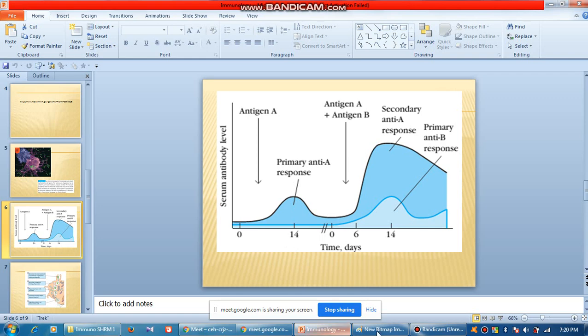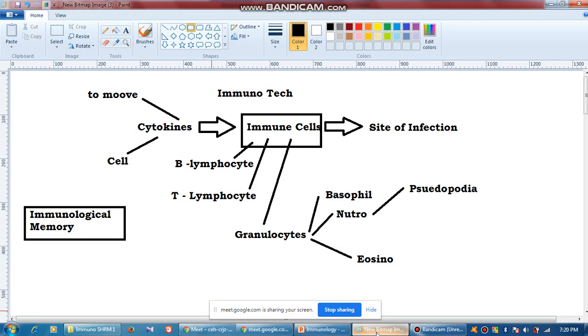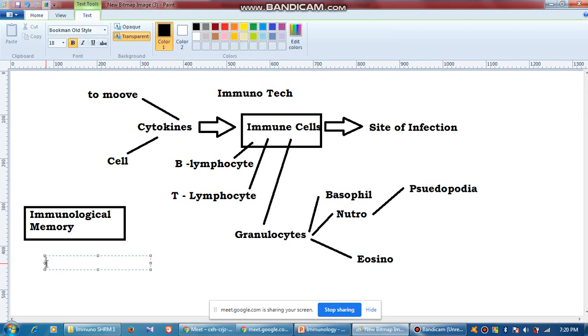Let me give you one example, the most common example that we give. There is an antigen called ovalbumin, the most frequently used antigen for immunological investigations.